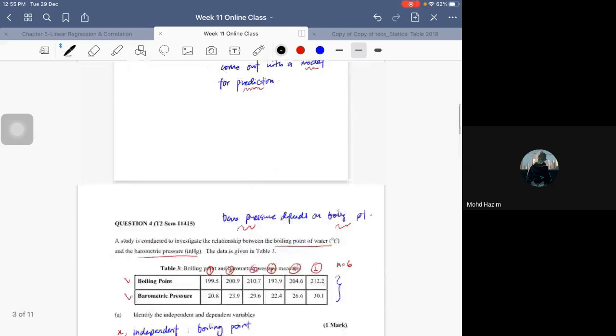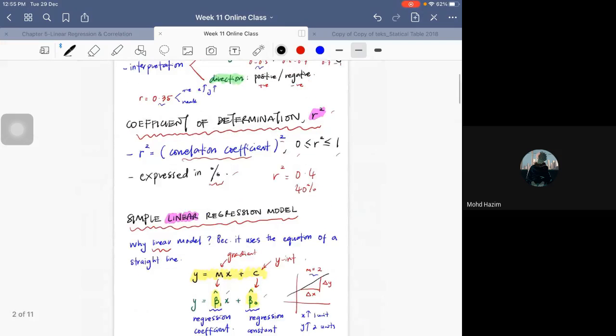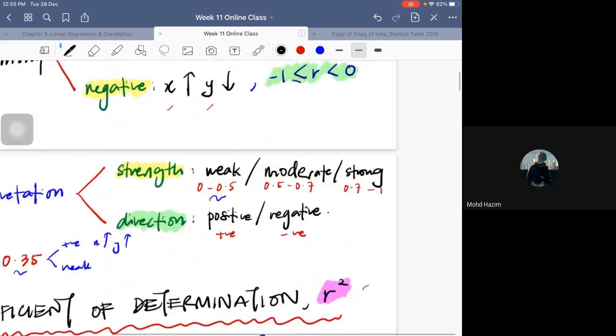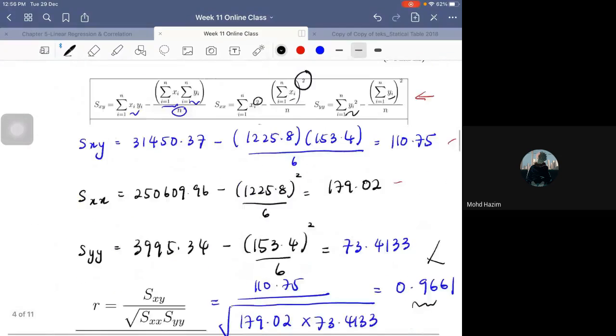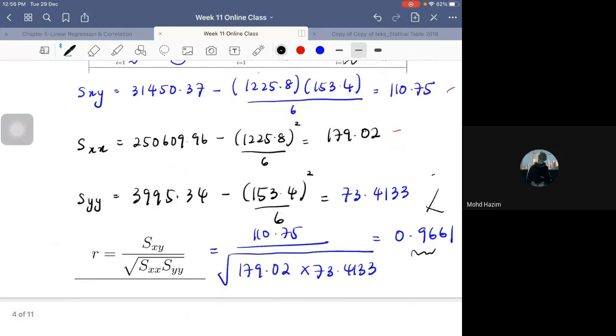Let's refer back to what I've written just now. If we have a value which is between 0.7 until 1, or negative 0.7 until negative 1, that is considered as a strong relationship between x and also y. So for this case, we are going to have a strong relationship. That is going to be the strength.